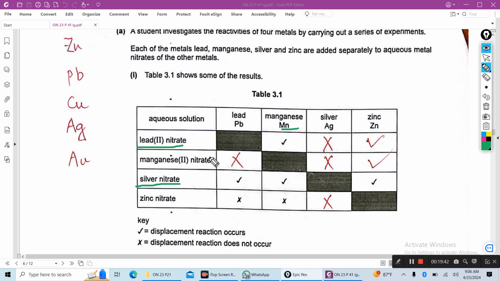So manganese is more reactive than lead and silver. And silver metal does not react with lead nitrate, manganese nitrate, or zinc nitrate. So silver is the least reactive.